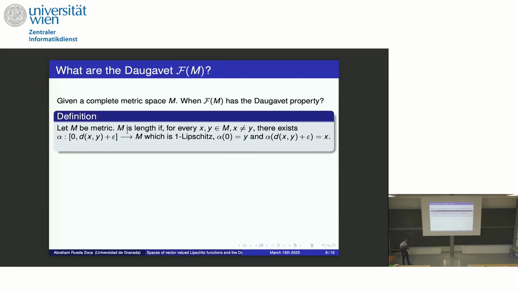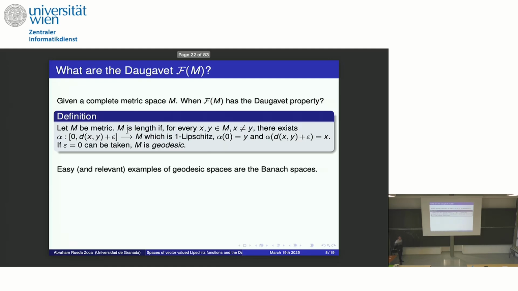This essentially means that whenever you have 2 points in your metric space, you can always find rectifiable curves joining them whose length is as close as you want to the distance between x and y. This is an equivalent formulation. When epsilon can be taken to be zero, we speak about geodesic metric spaces.